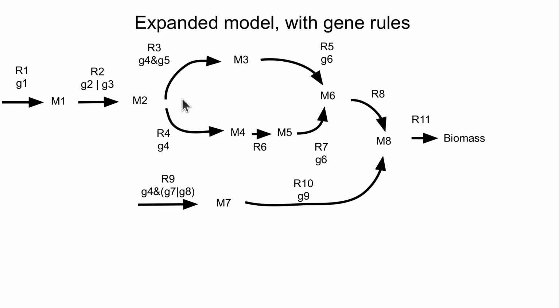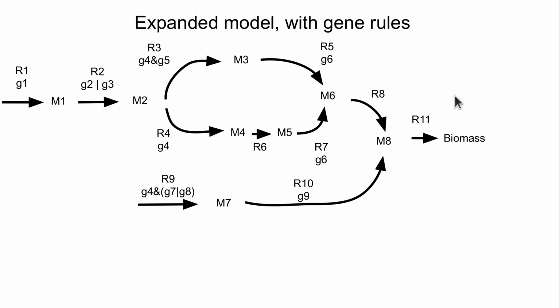So what happens if we put this into our model? If we put our gene rules into our model and run that? Well, we can note something like this. I will let you now pause if necessary and try yourself to see what happens for each gene deletion.